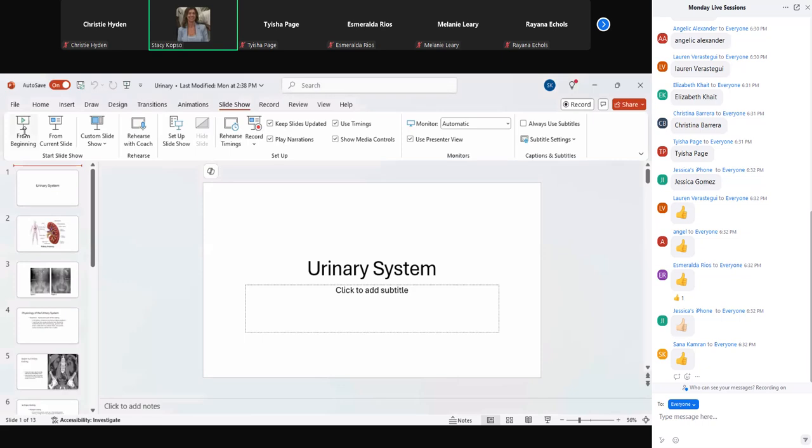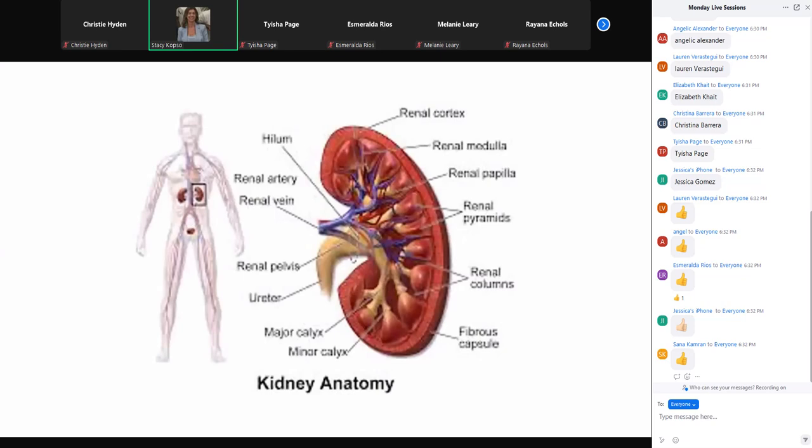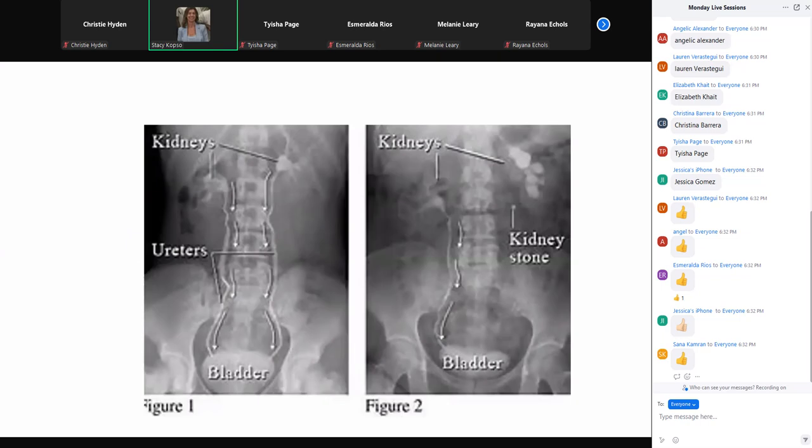All right, so let's get started on the urinary system. It's a brief lecture, just a few pathologies from the urinary system that we're going to cover today. Make sure that you know your basic anatomy of the kidney for your board prep. And obviously, if they give you a radiograph, make sure you know where your kidneys, ureter, and bladder are.